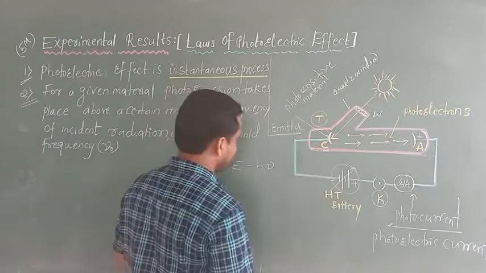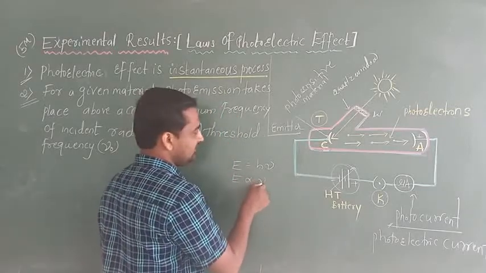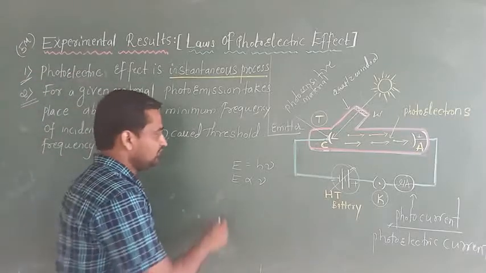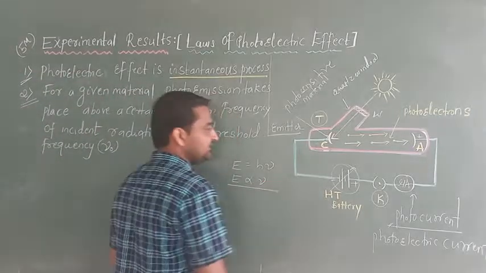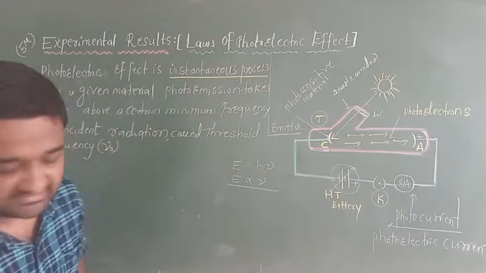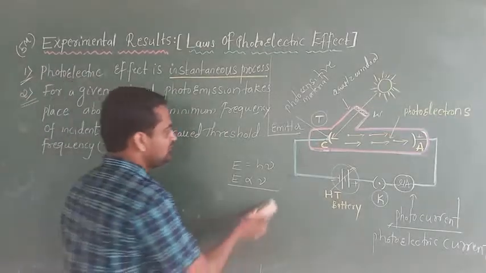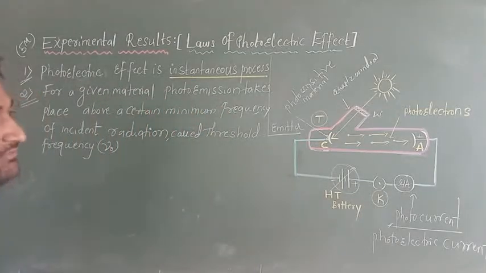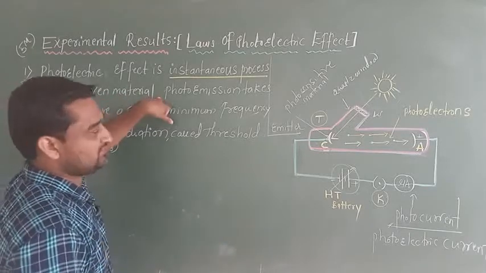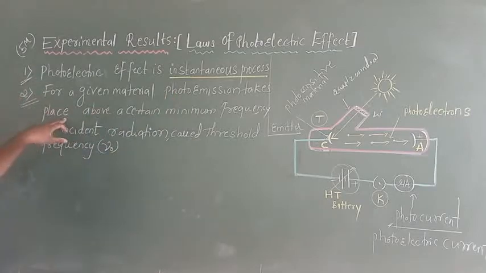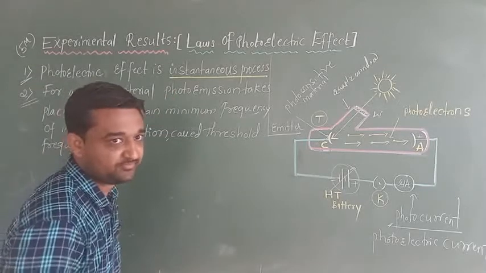So energy and frequency nu, where h is Planck's constant. As the frequency of incident radiation increases, the energy also increases. So for a minimum frequency, minimum energy. For a given photosensitive material, photo emission takes place above a certain minimum frequency.